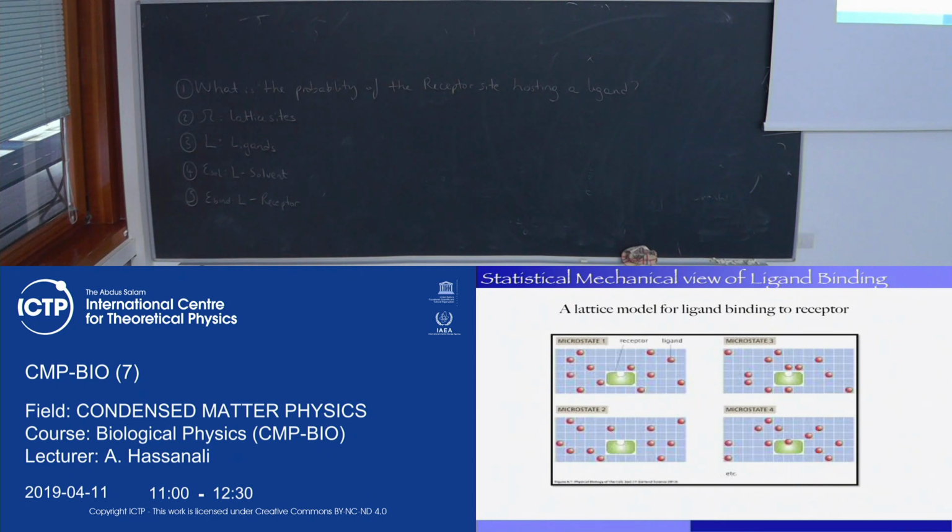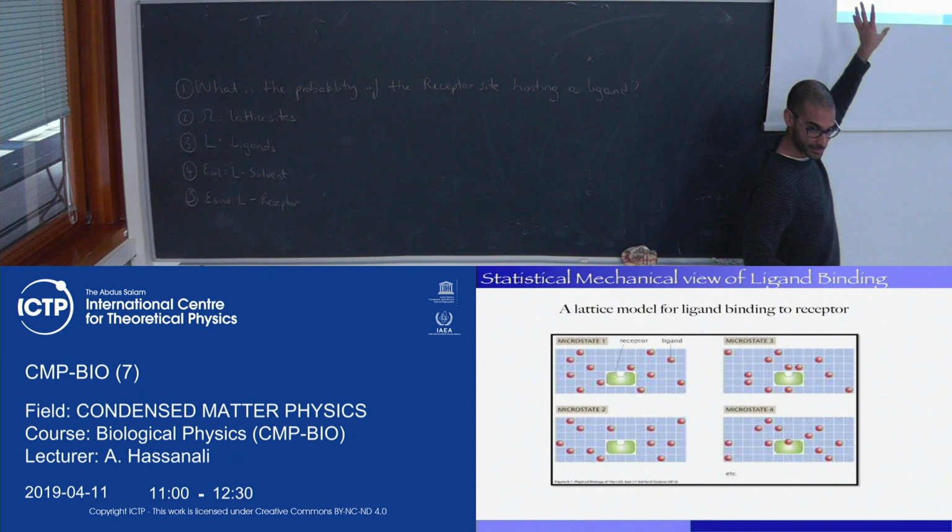Here the ligands are indistinguishable, but along those lines of thought, this is why we need to think about putting in the weights. The weight is the same for all the ligands when they're in the bath.